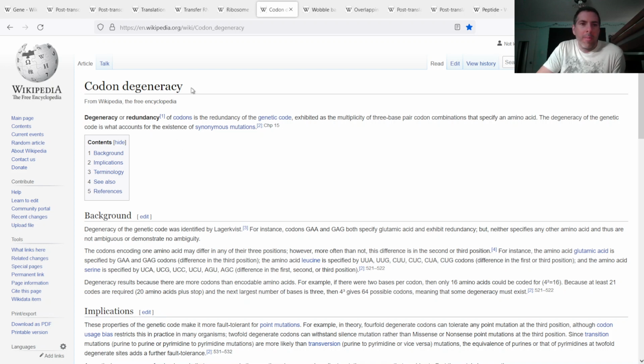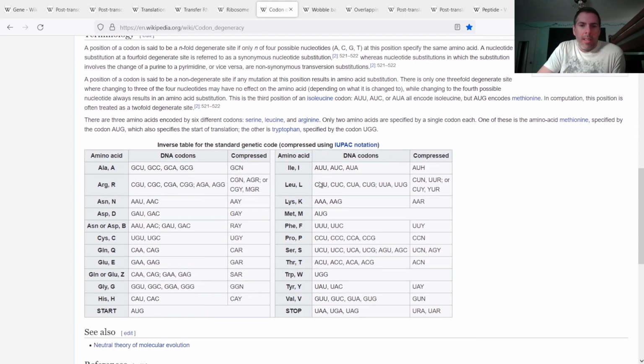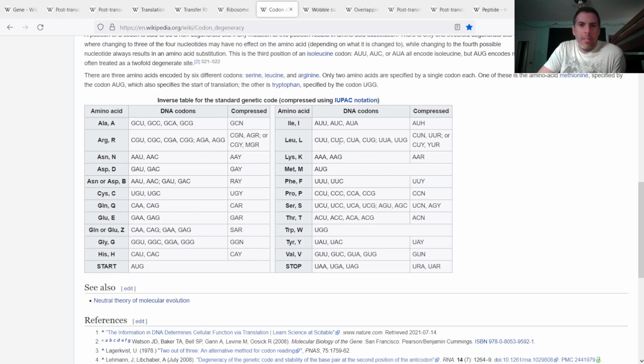But the messenger RNA has the codons, and then the transfer RNA has the anticodons. And there's degeneracy in that. So the same few codons can attach to the same transfer RNA.